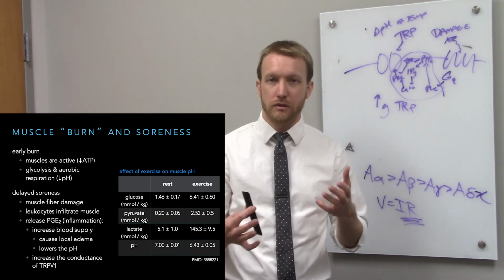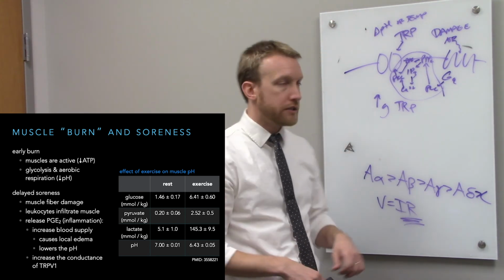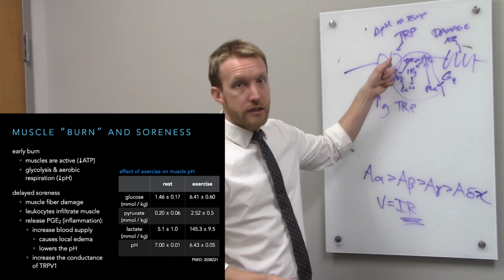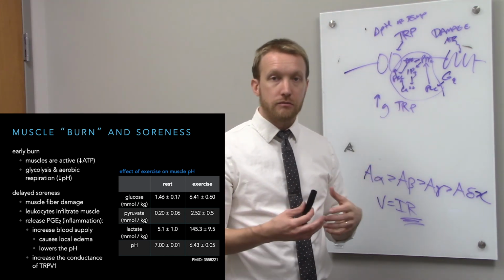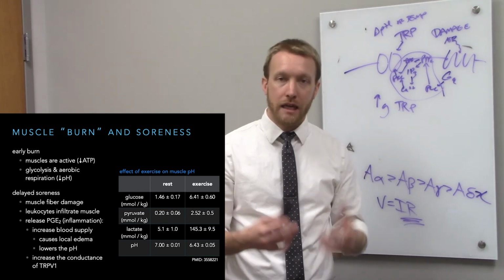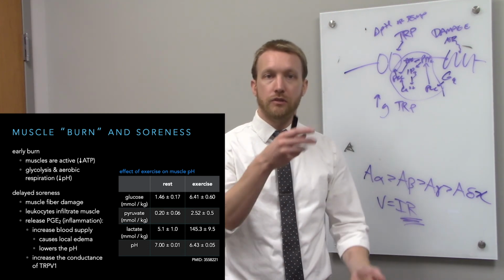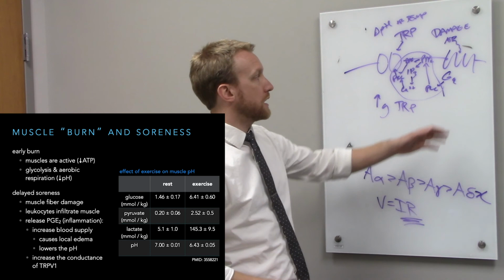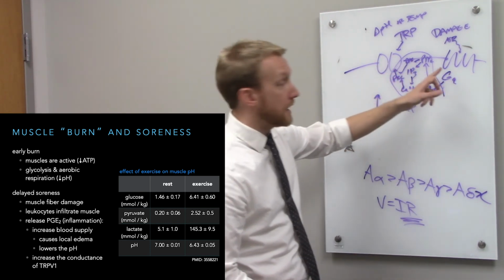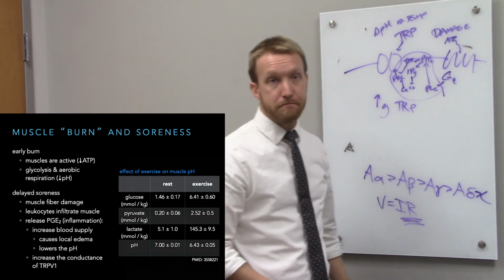This creates kind of little cesspools of gas exchange, if you will, so it's easier to have a drop in pH. Guess what? That's of course going to stimulate TRP channels. And so those damaged muscles are going to feel sore. You're going to feel pain as a result because of inflammation. Inflammation causing a drop in pH, and inflammatory cytokines causing an increase in conductance of our TRP channels through metabotropic receptors, both of which lead to pain.